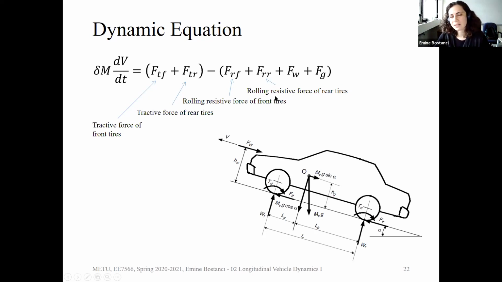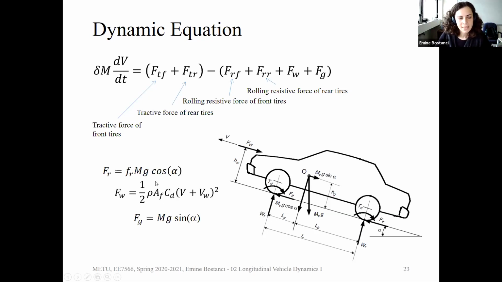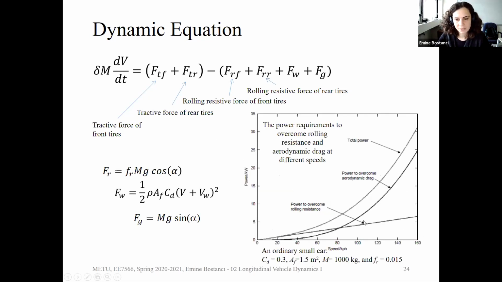But the problem with this load distribution, how much load I'm going to have on the wheels, for example VF and VR, is that it will also change throughout the operation because it depends on the acceleration of the vehicle. So the rolling resistance, aerodynamic drag, and grading resistance are defined here.